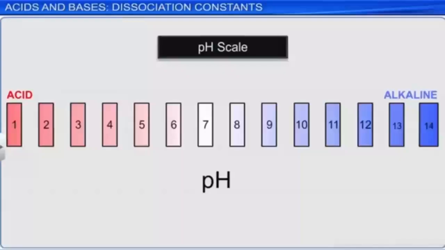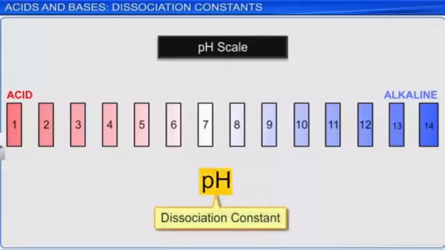The use of pH to indicate the strength of an acid or a base is limited as its value changes with the change in the concentration. As a result, chemists looked for a better alternative and found the dissociation constant to be a better tool than the pH scale to express the concentration of weak acids and bases.